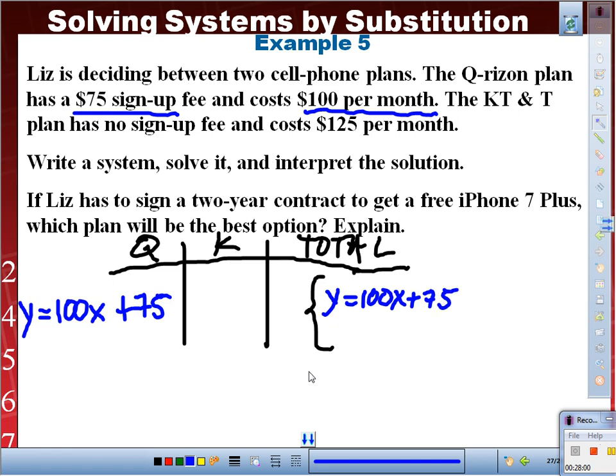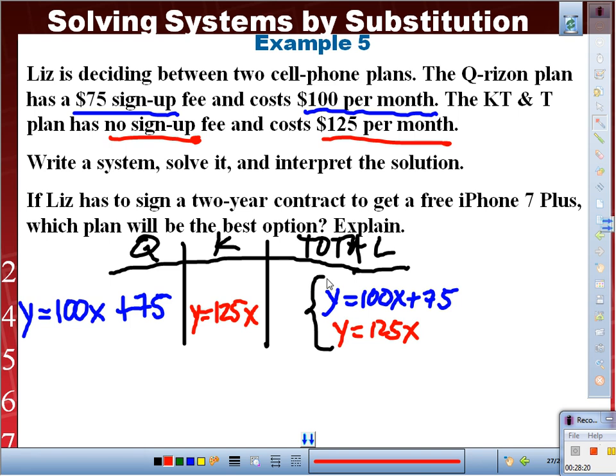Are we there so far? Let's go with the other one. KT&T, they don't charge anything up front. How much a month? 125x. And since it's in 2 variables, we write y equal to that. Do we know how to use the substitution method for this?